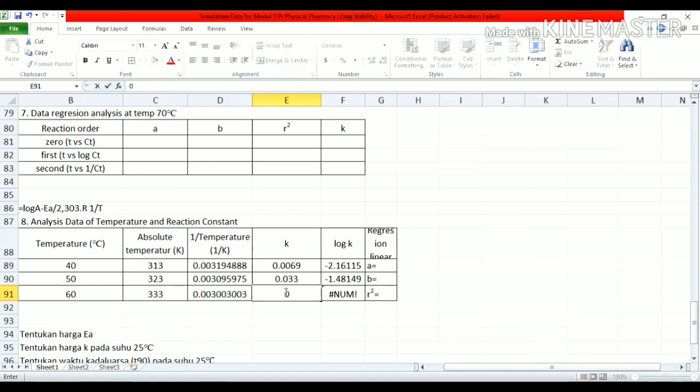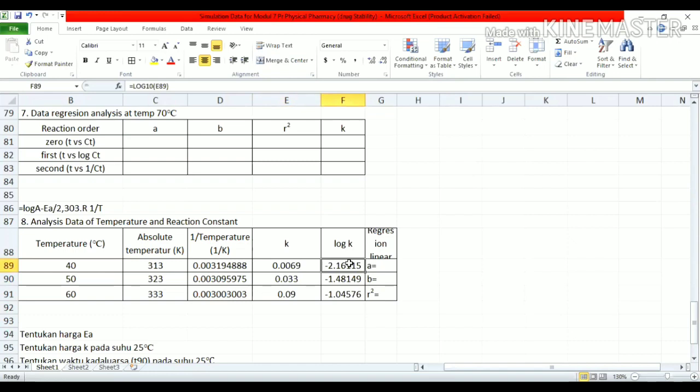So to know the K at 25 degrees Celsius, we can make a regression using these three data, where the X series is the 1 per T and the Y series is log K.